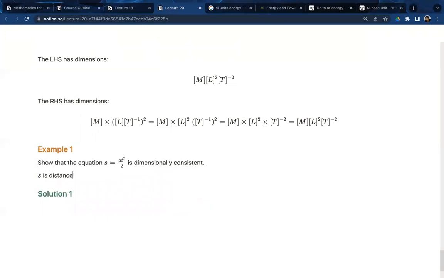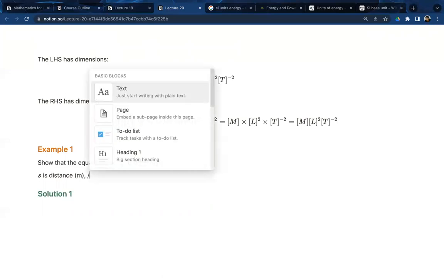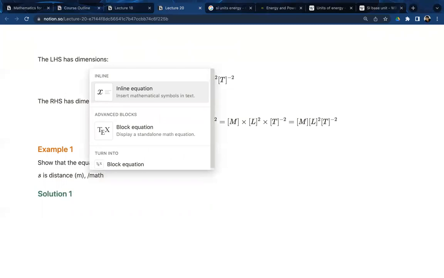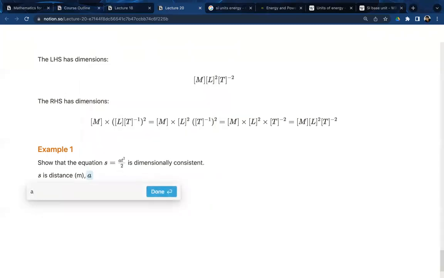S is distance, right? What is distance measured in? Measured in meters. A is acceleration.